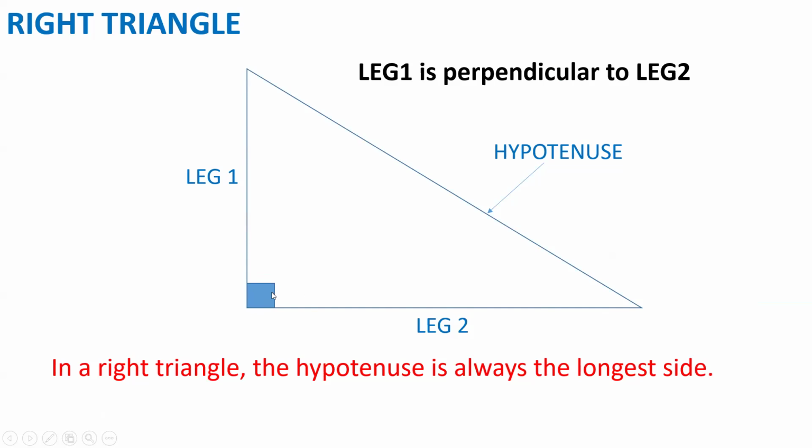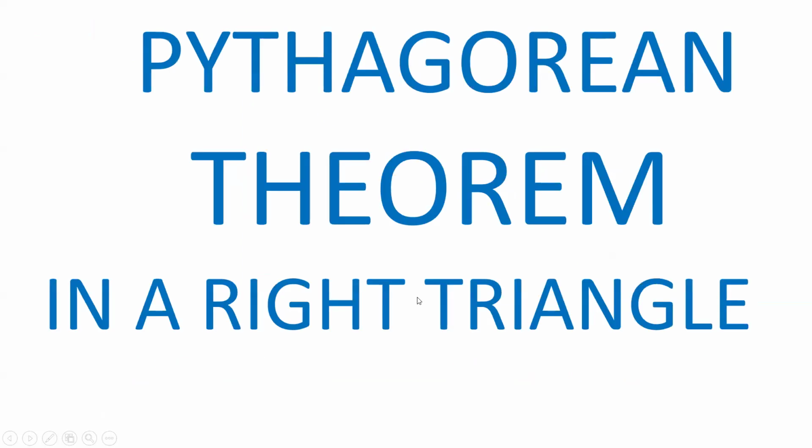We all know that in a right triangle, the side opposite to the right angle, we call it the hypotenuse. So this side, which is opposite to the right angle, is called the hypotenuse. And we can see that the hypotenuse in a right triangle is the longest side. It's longer than leg 1 and leg 2.